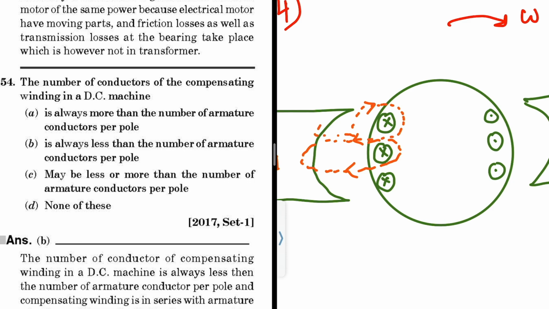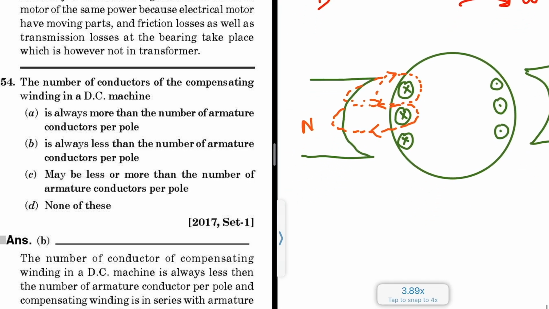The direction of the flux will be from right to left. This is the armature flux, which is responsible for the armature reaction. If I cancel this, I can reduce the armature reaction. To cancel this, we can introduce flux in the opposite direction of the same amount.